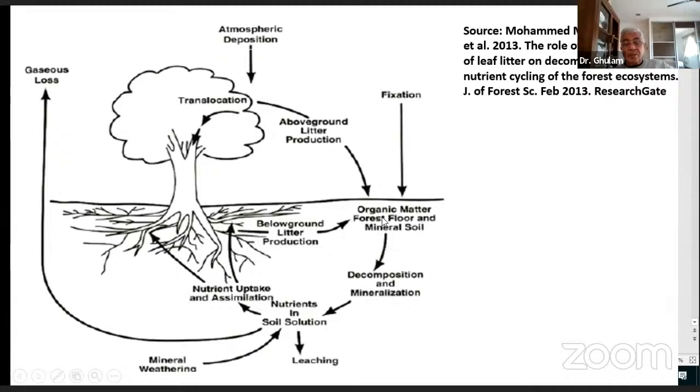These microorganisms help the organic matter to decompose and release the nutrients. At the same time, there is also an input from the rocks below the soil. That means the parent material of the soil. The rocks are actually slowly weathering.